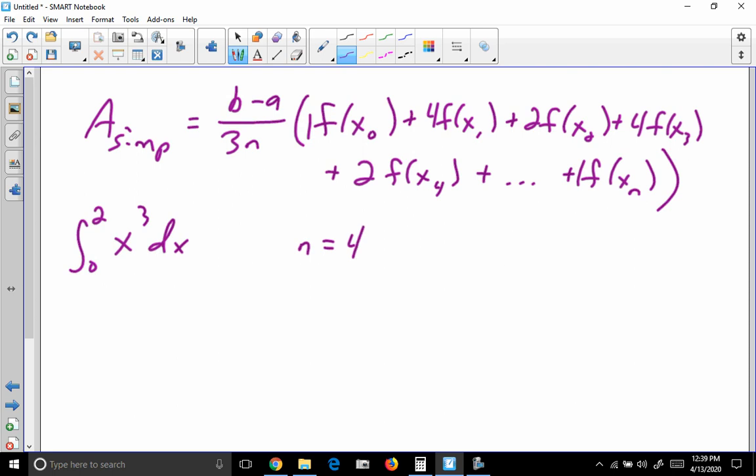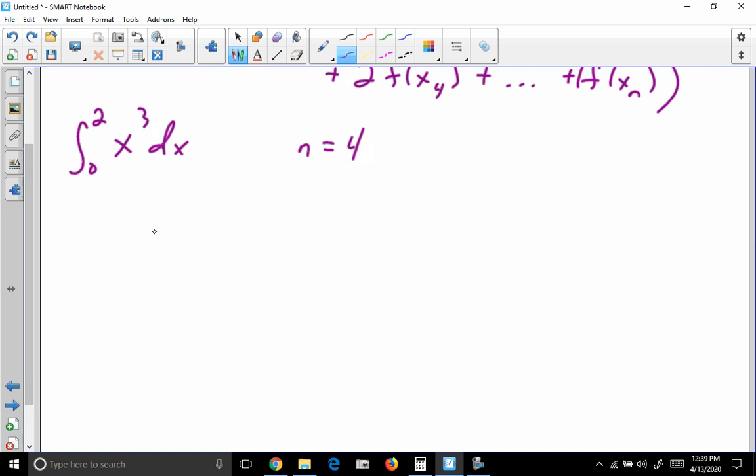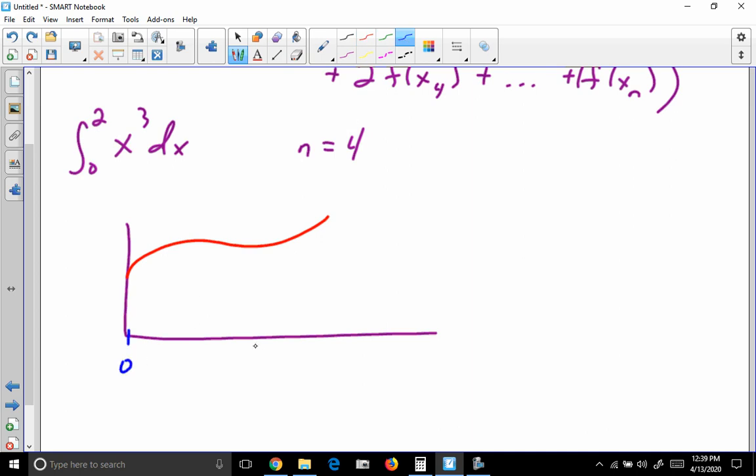Now, quick note, Simpson's rule, this is not something you have to know in order to know how to use it, but if we have some function, what Simpson's rule does is instead of using trapezoids or rectangles, it actually uses quadratic functions, which are parabolas.